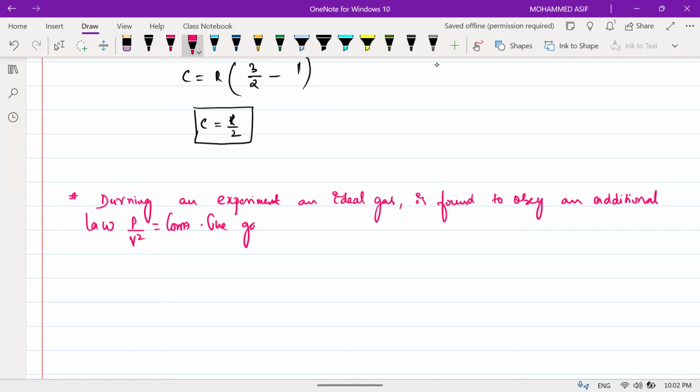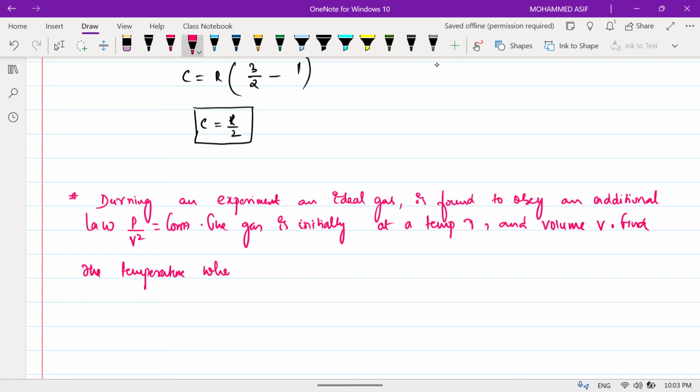And the gas is initially at a temperature T and volume is V. Question is, find the temperature when it expands to a volume 2V.